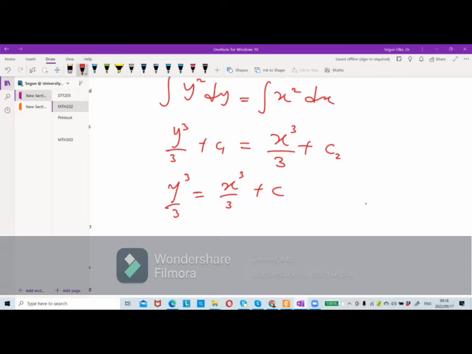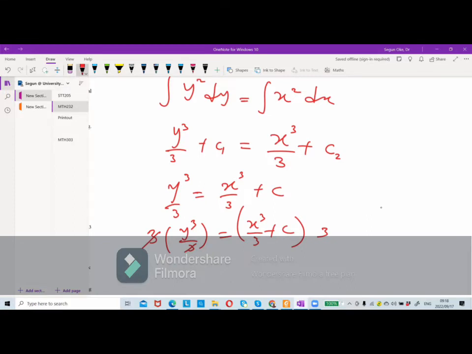So at this point, I can multiply through by 3. When I say multiply through by 3, it simply means 3 in brackets, y raised to power 3 over 3 equals x raised to power 3 over 3 plus c over 3. So this one will cancel this.